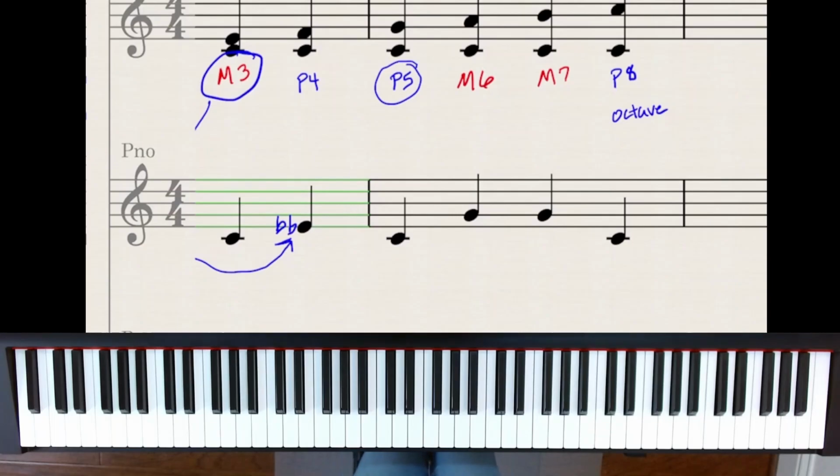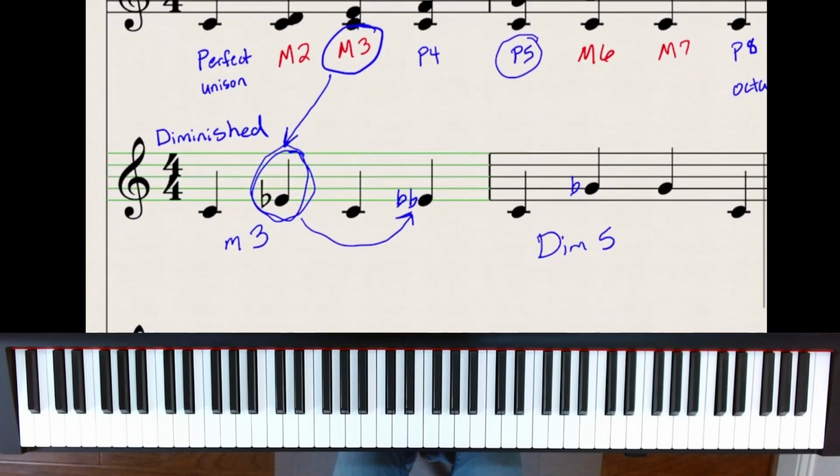This is a little easier. All we're going to do is flat the top note. And now you have a diminished fifth. Okay? This here would be a diminished third.